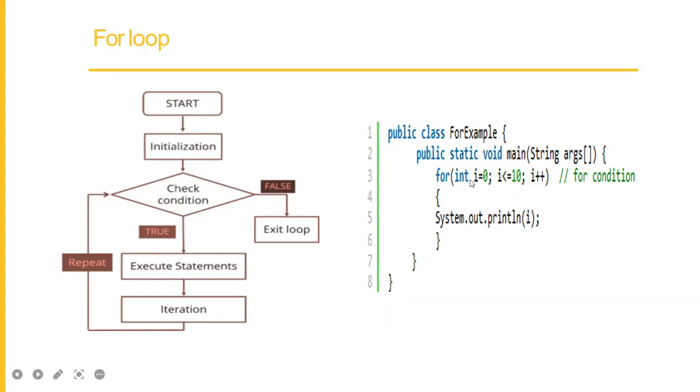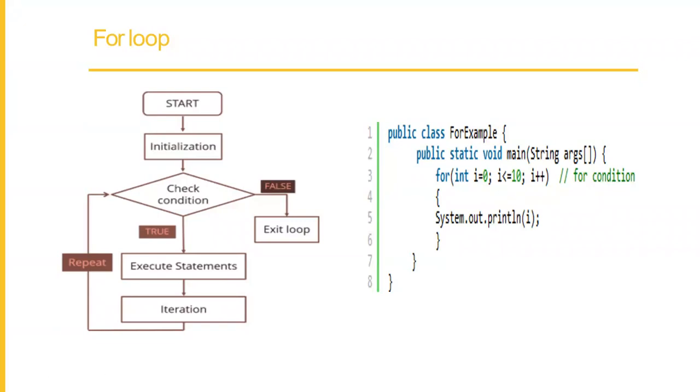Same thing. But in this for loop, at a time we have three steps: first is initialization, second is a condition check, third is decrement or increment of the value. This is one of the fastest loops because at a time we are checking the three conditions.